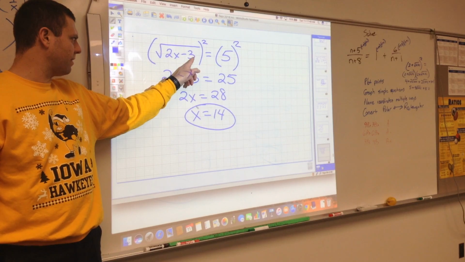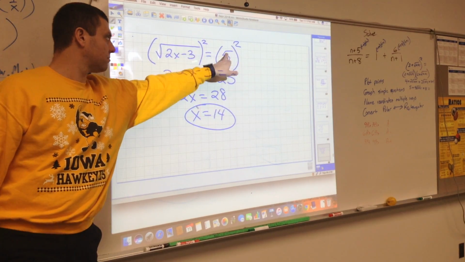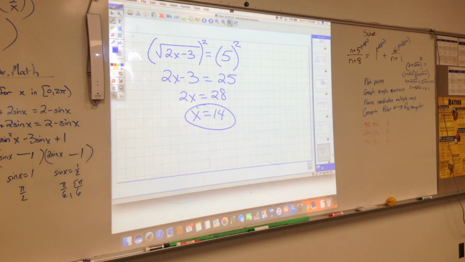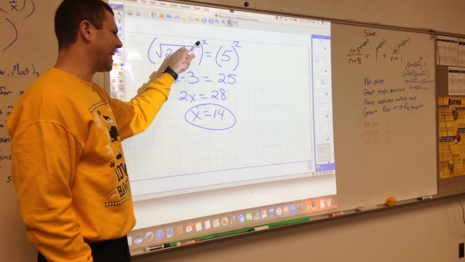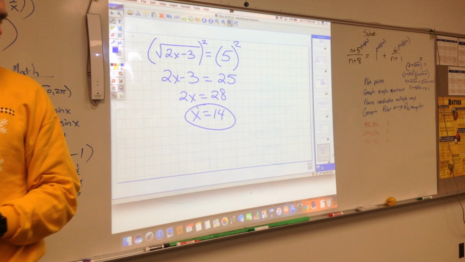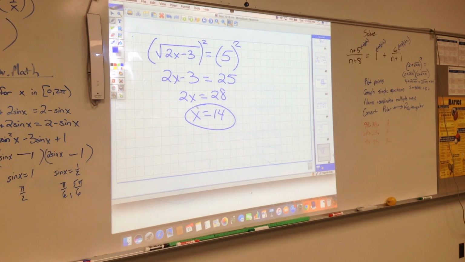Take away 3 is 25. Square root of 25 is 5, it works. But always check your answers, okay? Always check your answers. You may end up getting an answer at the end that does not work in the beginning. Extraneous, very good. Okay, you may get an extraneous answer, an extraneous solution.